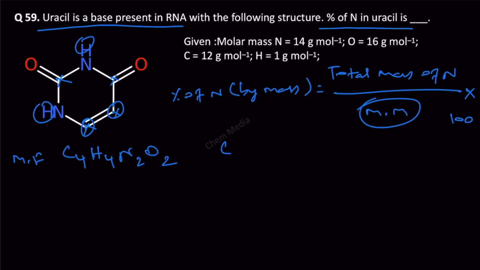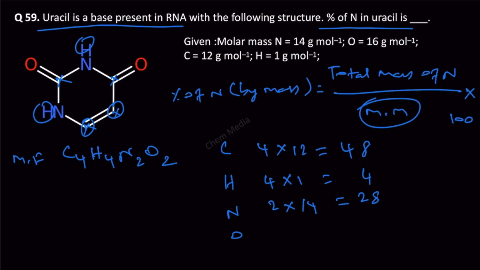So therefore 4 times 12, that is equal to 48. That's for carbon. And then for hydrogen, 4 times 1, that is equal to 4. And then for nitrogen, 2 times 14, that is equal to 28. And then for oxygen, 2 times 16, that is equal to 32. So 48 plus 4, 52, plus 28, 80, plus 32, that is 112.